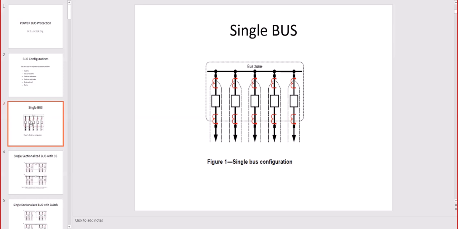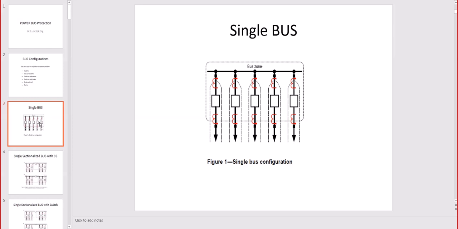So the bus looks like the line on the top. That's the bus. It actually is copper or aluminium, typically aluminium, with a round or rectangular cross section. The rectangles in the middle are the actual breakers, and then on each side of the breaker we have current transformers.